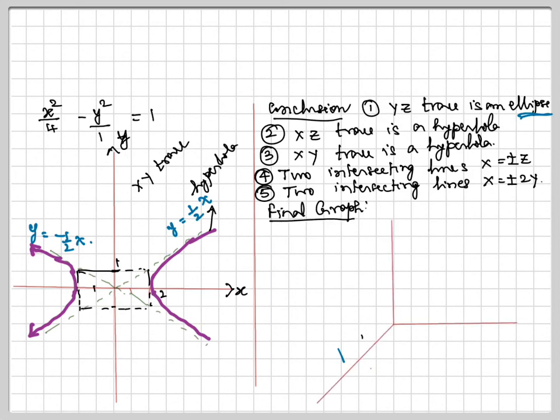Okay. So the final graph can be given as follows. Let's draw the x, y, z axes now, and then we'll show the ellipses and the cone. So it is going to be a conical type. At the x equal to 2 plane, and x equal to 2 and negative 2, so this is 2 and this is going to be negative 2.